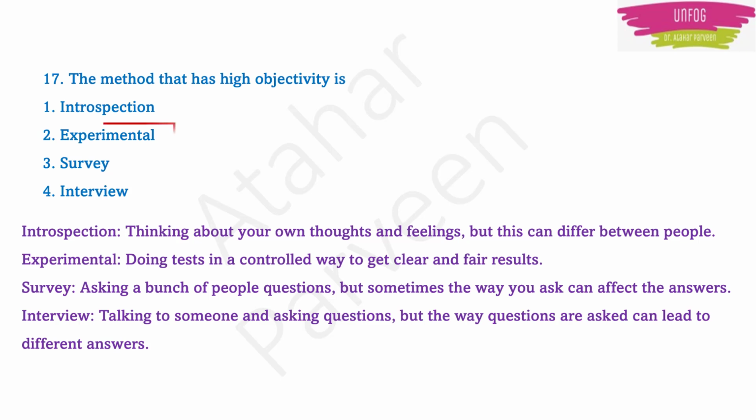High objectivity means it should be experimental only, because experimental techniques will not change, right? You are doing a test in one controlled manner and you will get clear and fair results directly. So introspection, survey and interview are different things. When it comes to high objectivity, the experimental method is the best method.